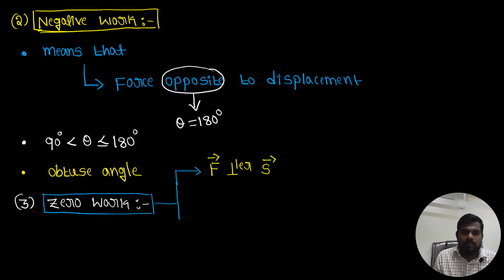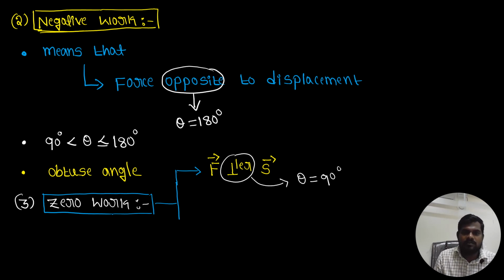Here perpendicular means theta is 90 degrees. When theta is equal to 90 degrees between force and displacement, the work is compulsorily zero.